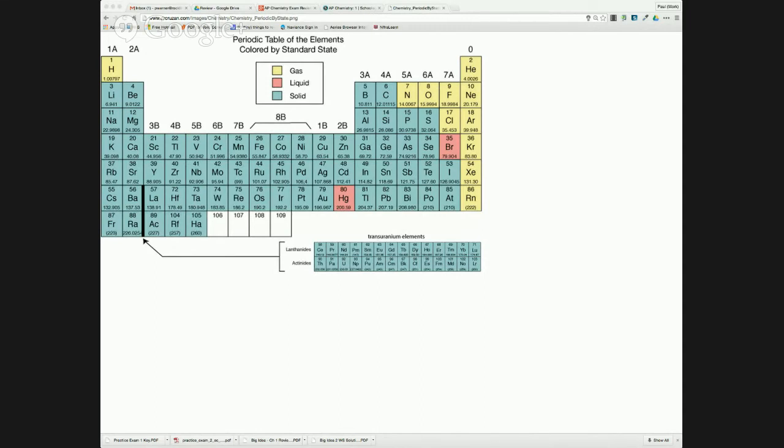So 5s2. And then remember that you drop an energy level when you go to the d orbitals, which is right here. So you drop one, if this is fifth row, then it would be 4d, back up to 5, 5p, 1, 2, 3.